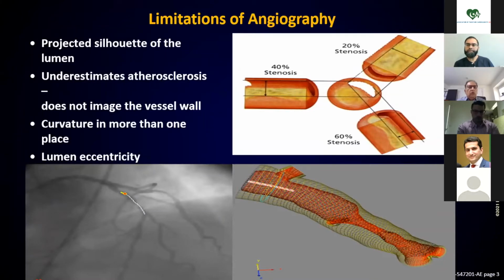Also the curvature in the artery and inhomogeneity of the plaque distribution throughout the artery make it quite difficult to look at a two-dimensional image of the coronary artery, a structure which actually is three-dimensional. And also lumen eccentricity sometimes plays a part as well.